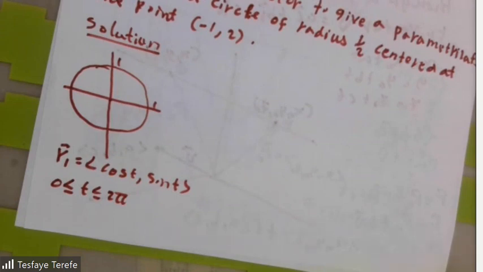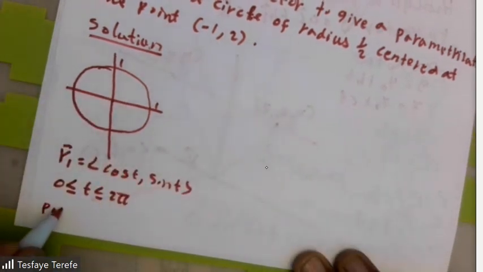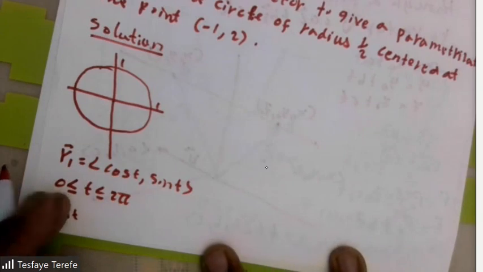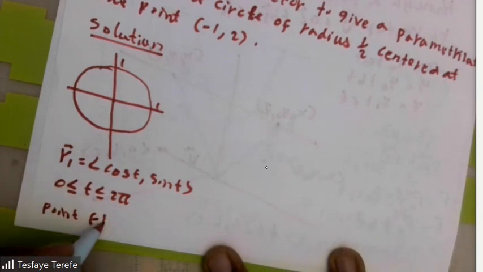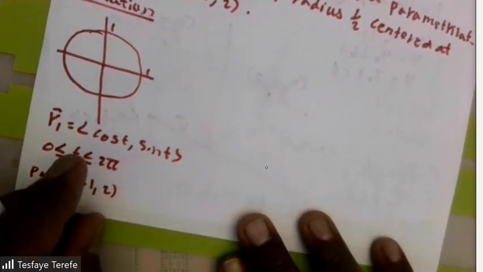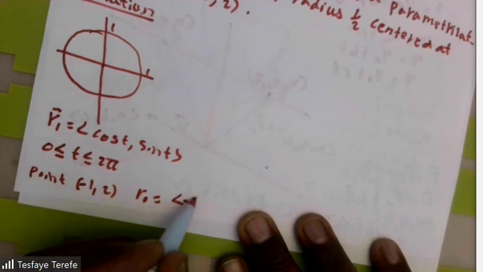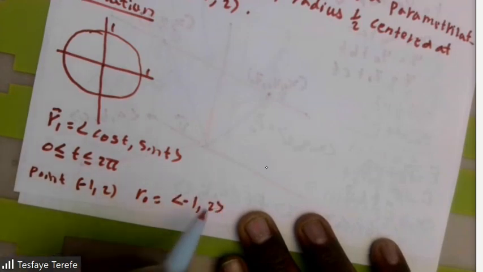Okay, the point, actually, -1 and 2 will have a position vector. Let me call it R sub 0. What will it be? -1 and 2. That is a component.